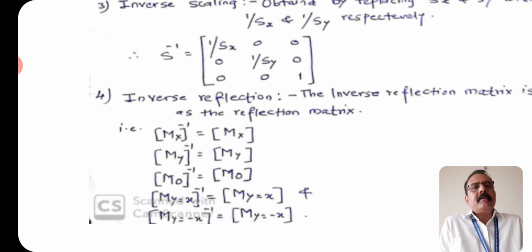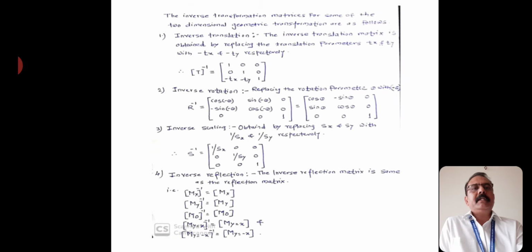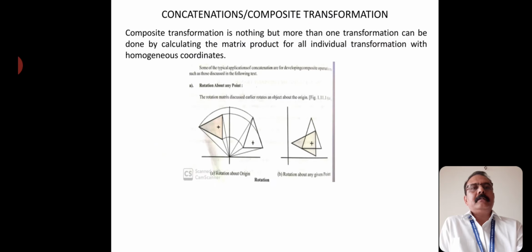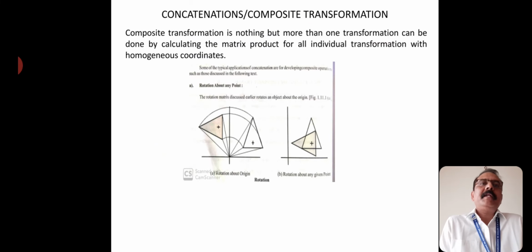Similarly for reflection about the origin, about the line y equals x, and about the line y equals minus x. This is all about the inverse transformation. Now the next point is concatenated, also called composite transformation.